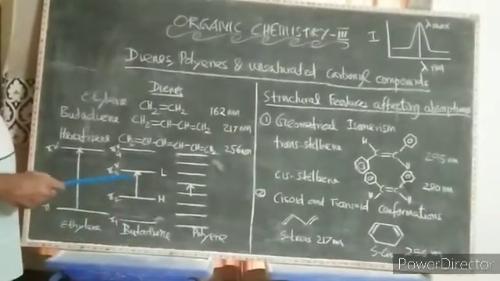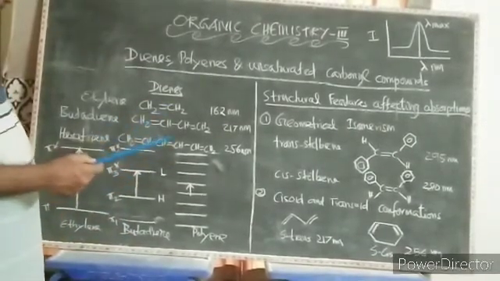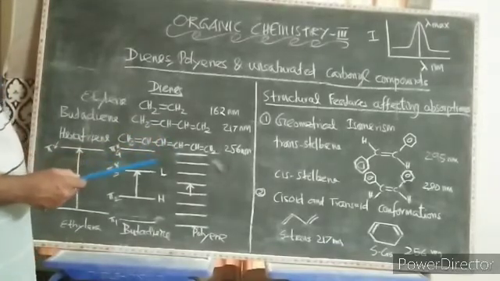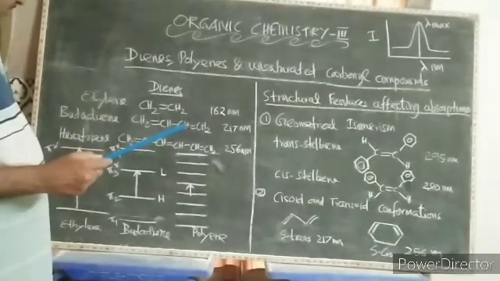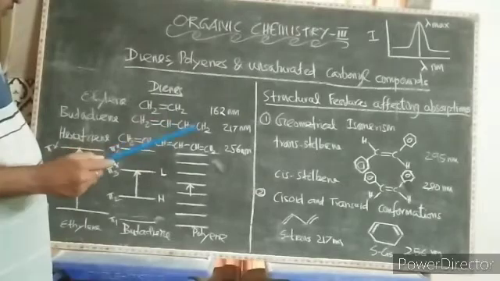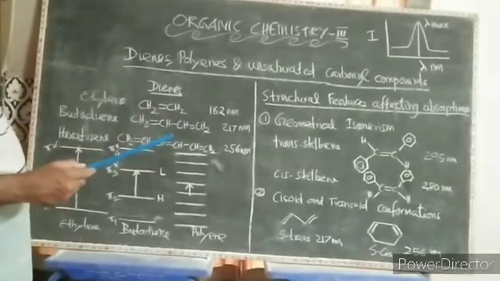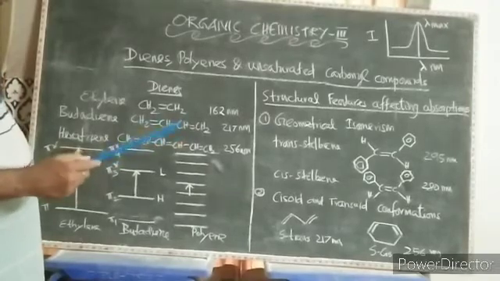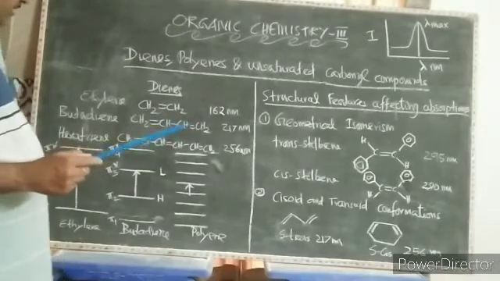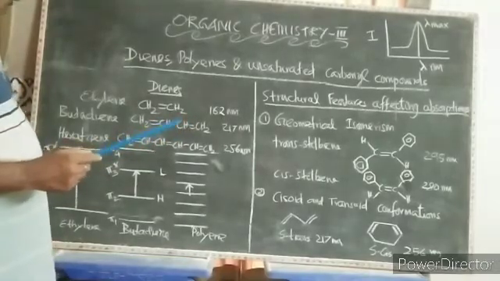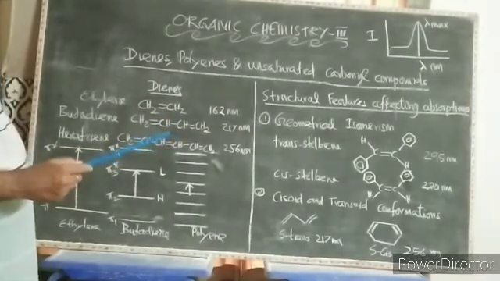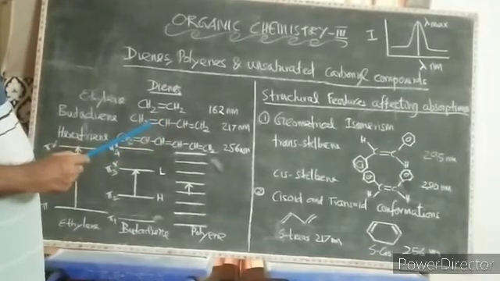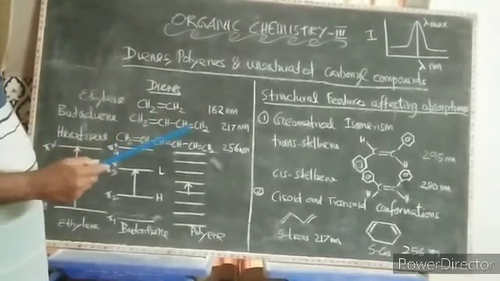Now if more number of pi electrons are added, what will happen? As in the case of a polyene, as the number of pi electrons are added, number of pi orbitals are added, and these pi orbitals combine to produce equivalent new pi molecular orbitals, bonding orbitals and anti-bonding orbitals, and transitions from the highest occupied bonding orbital to lowest unoccupied anti-bonding orbital will always take place, and as a result there is a shift of absorption wavelength from the shorter wavelength region to the longer wavelength region.